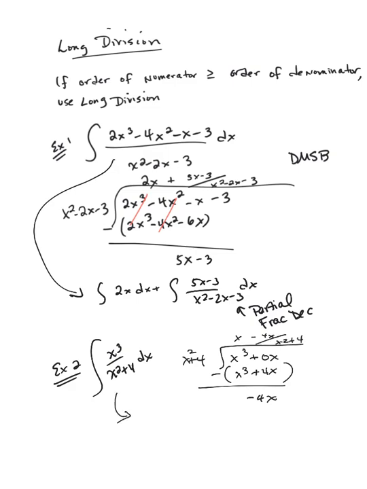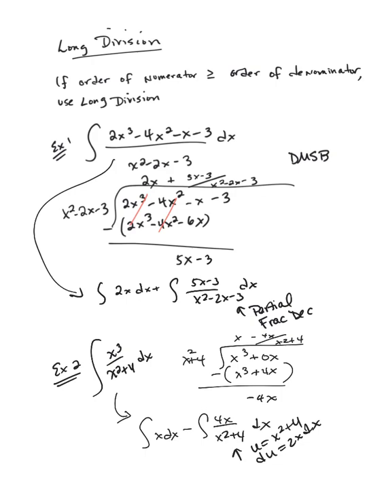So this integral becomes the integral of x dx minus the integral of 4x over x squared plus 4 dx. Then you would have to do a u sub to do this integral here. So you'd have u equals x squared plus 4. du is 2x dx.